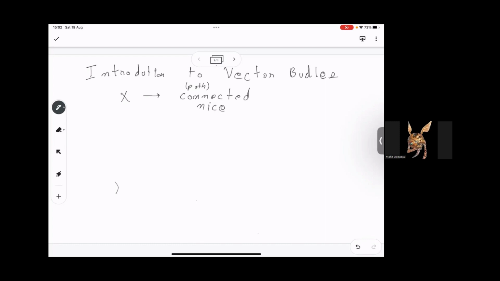I don't think that's that important, but yeah. So nice means maybe it's path connected or something, but this is the bare minimum assumption that we'll always carry, that it is connected and nice in some sense.